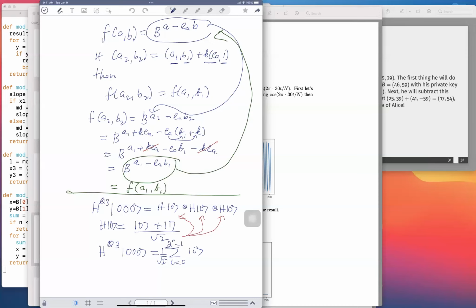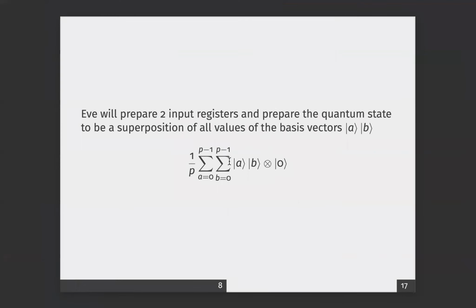If we apply this in this expression, you have 2 input qubits and you want to do superposition, which means you apply Hadamard to A and to B, and you will get this expression.